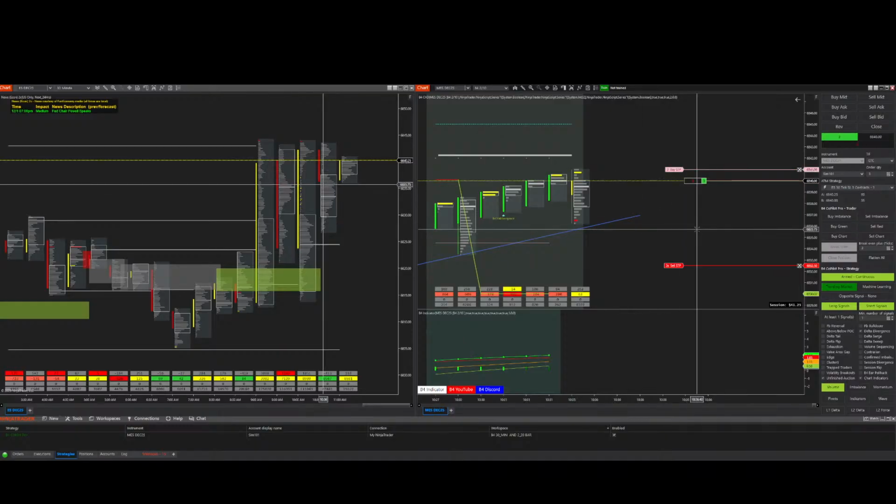Order submitted. I'm looking at a Chikou trail possible launch here.